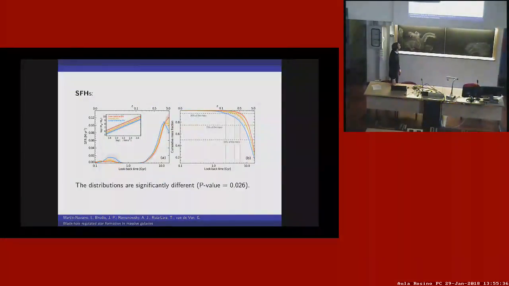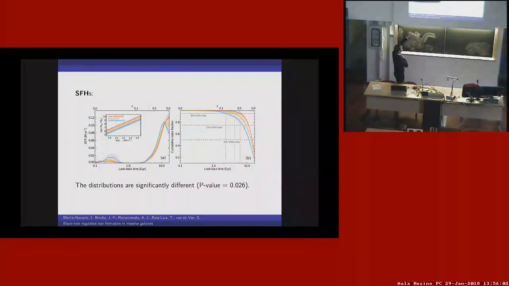So here are the results on the star formation history. In the plot on the left-hand side, you can see the star formation history, namely the star formation rate against look-back time, and the small M-sigma relation again, while on the right-hand side is another plot with the cumulative mass fraction against look-back time.